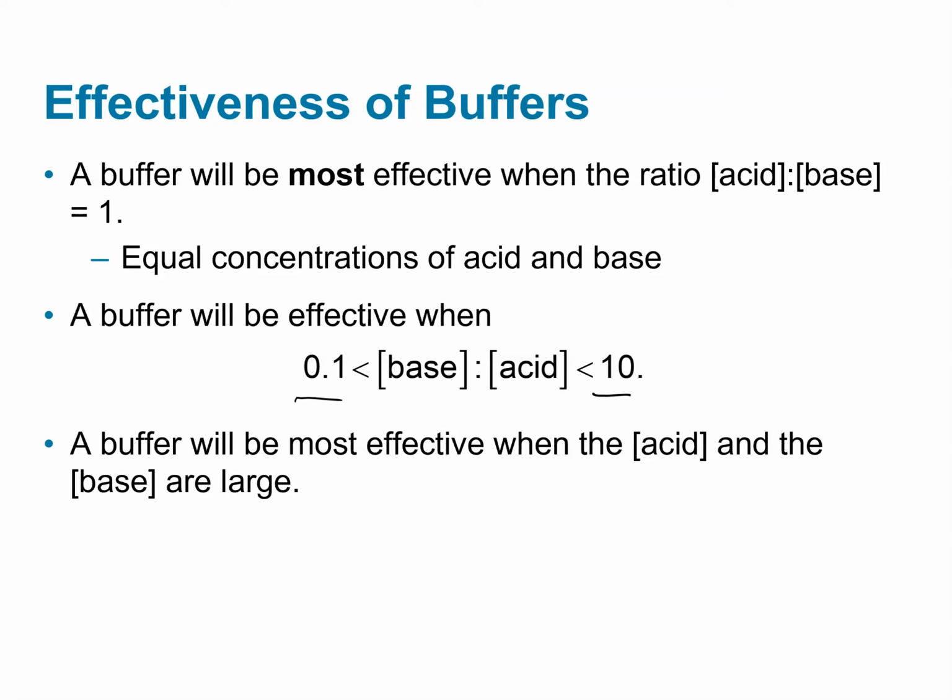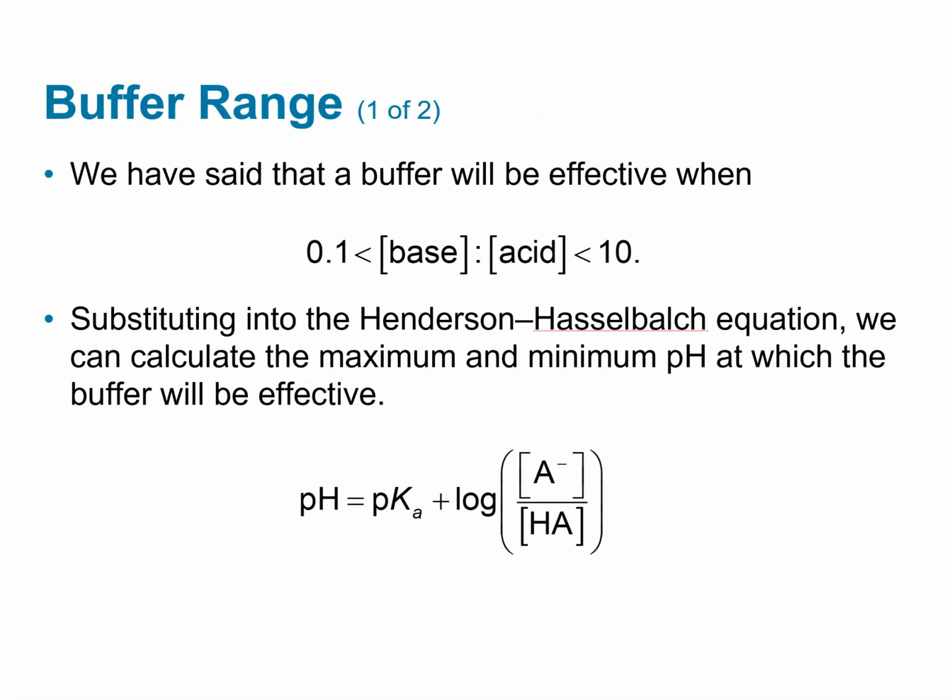That said, a buffer is going to be most effective when the concentration of acid and the concentration of conjugate base are large. And we've said now that the ratio of the acid to base has limited effectiveness, but let's substitute this 10 to 0.1 rule into the Henderson-Hasselbalch equation and see what the implications are in terms of pH shift.